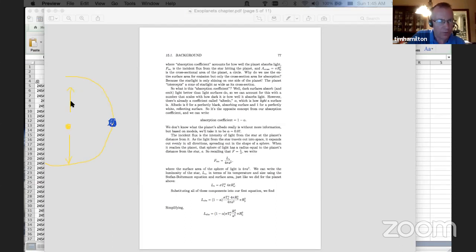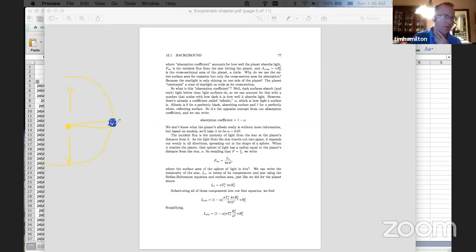Out of all of the light going out to there, only the light emitted in this tiny cone right here actually hits the planet. All the rest of the light misses it. So if we know the distance from the star to the planet, that's its orbital radius, which we've calculated, then we calculate the surface area of the big sphere at that distance, and we calculate the cross-sectional area of the planet based on its radius, which we've got too.